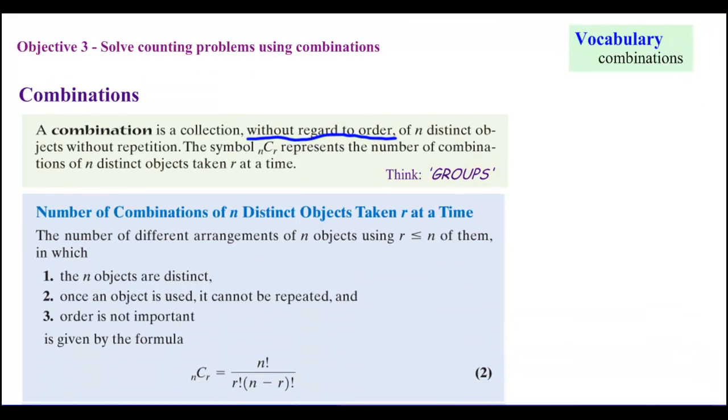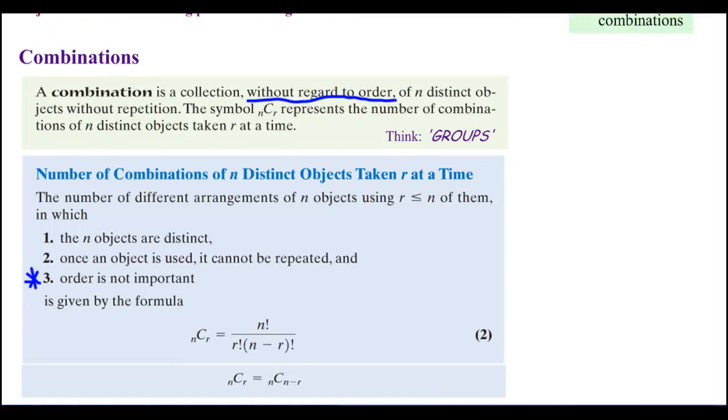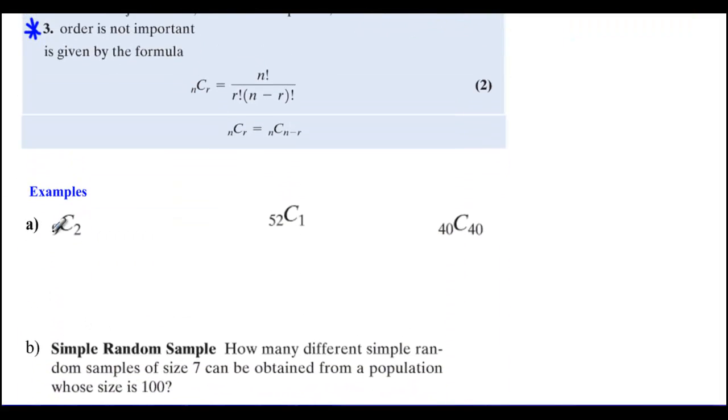So again, same rules are going to apply, that whenever we're doing the nCr, it's n distinct objects taken r at a time. And again, order is not important for a combination. So we've got to divide out the repeats. And to do that, we're going to have the n factorial over the n minus r factorial, just like the permutations, but then we're also dividing by r factorial. So here on A, this 9 choose 2 would be 9 factorial over 2 factorial times 9 minus 2 factorial.